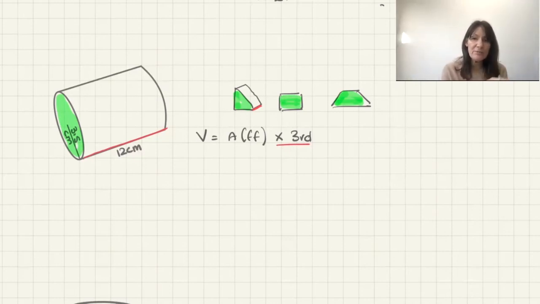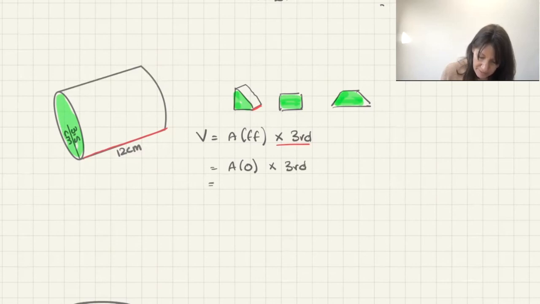So for the volume of a cylinder, what I'm going to be doing is finding the area of the front face, so the area of the circle, times by the third length. So what have we got? We've got pi r squared, which is pi times 3.5 squared, times by the third length, which is 12.